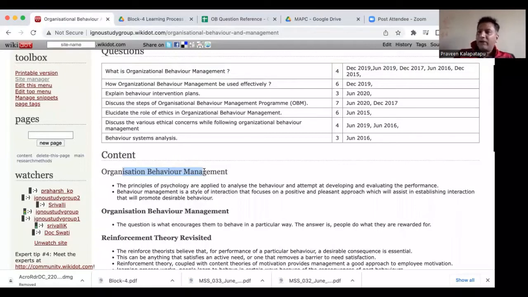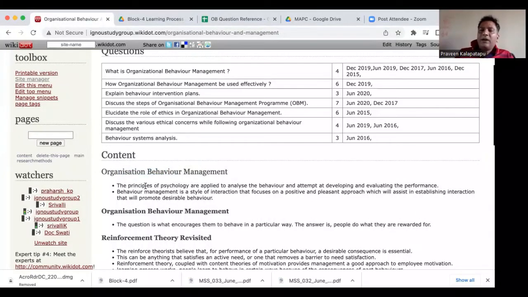You monitor how they are behaving. You understand the root cause of such behavior. You align that behavior with whatever goals the organization really wants. But net in and around, as the name suggests, you are managing the organizational behavior, that is how the organization behaves, right?